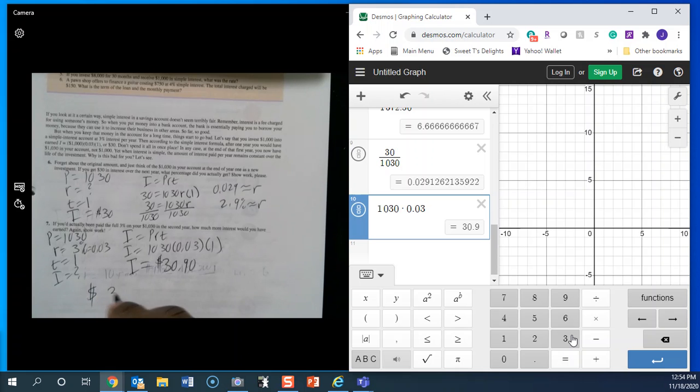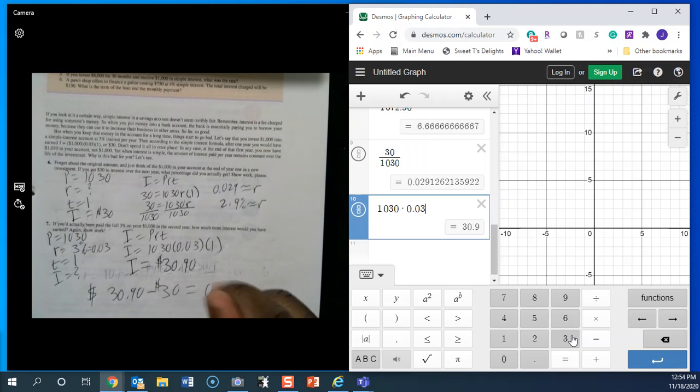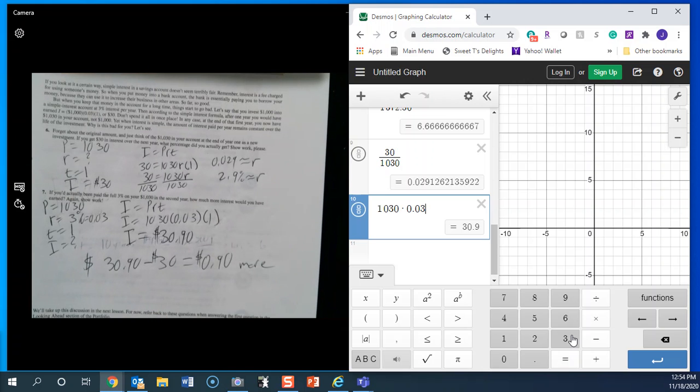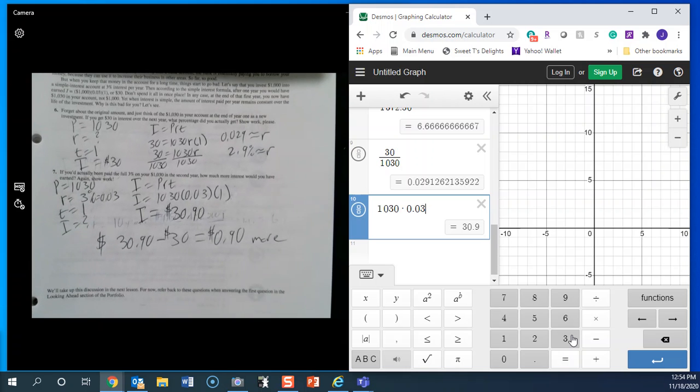So we would take the $30.90 minus the original $30. And so we would get 90 cents more. Now we'll take up this discussion in the next lesson. For now, refer back to these questions when answering the first question in the looking ahead section of the portfolio.